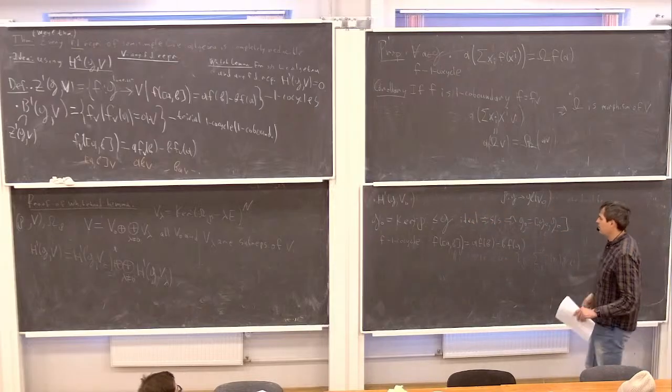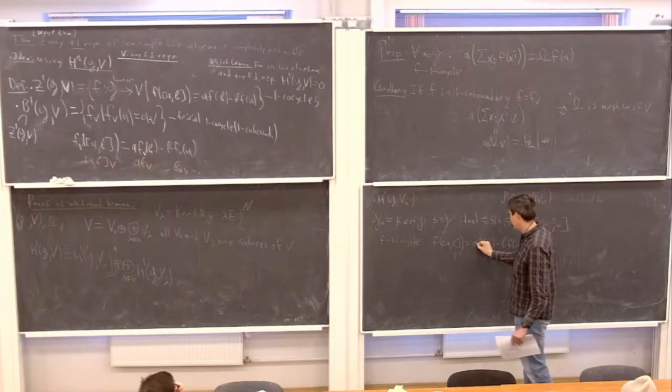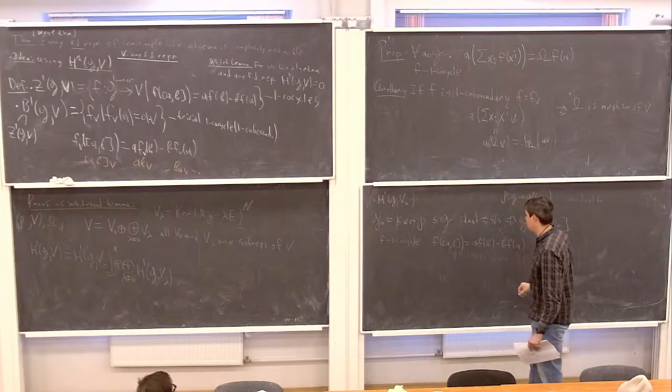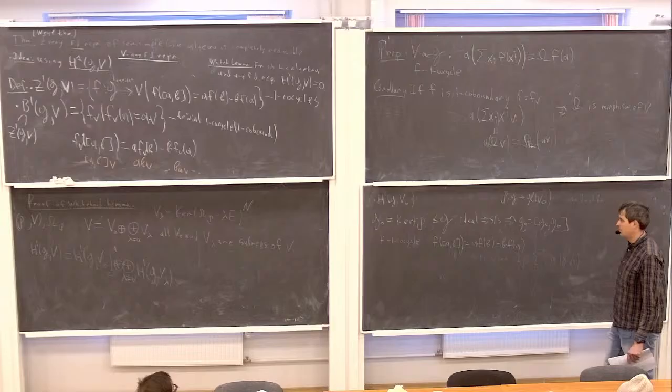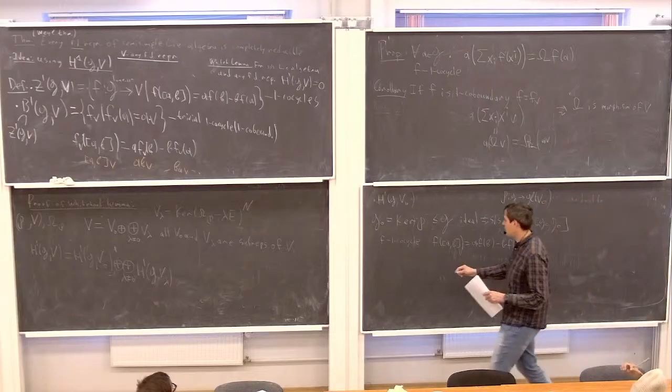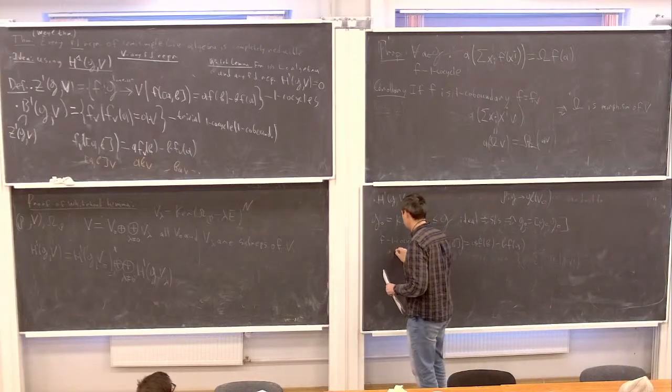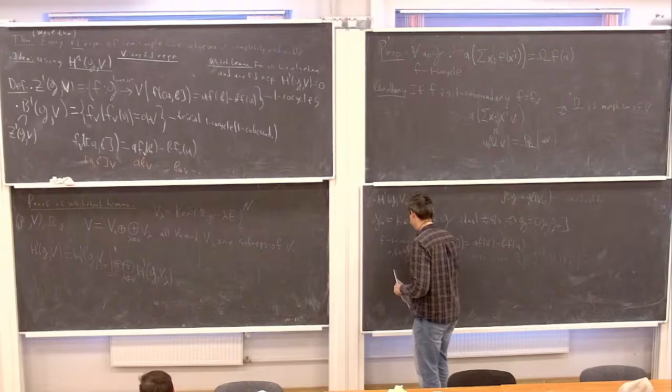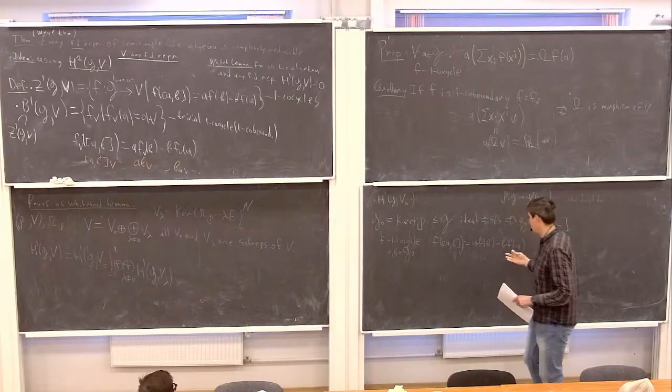Then we consider a one cocycle and what we know about the action of our Lie algebra on it. If you have A, B from g0, then it is 0, right?